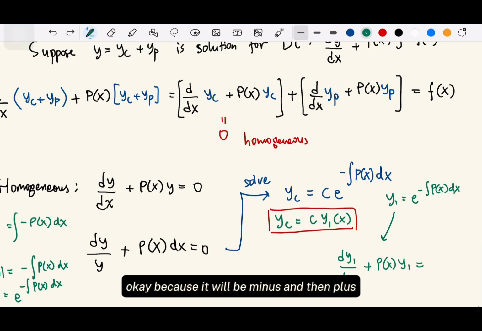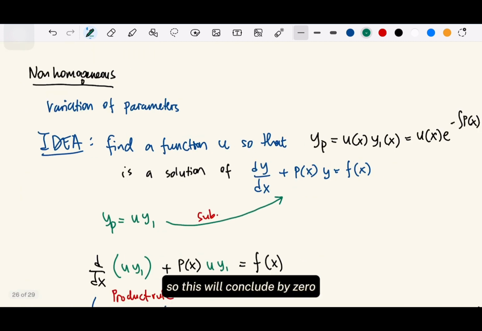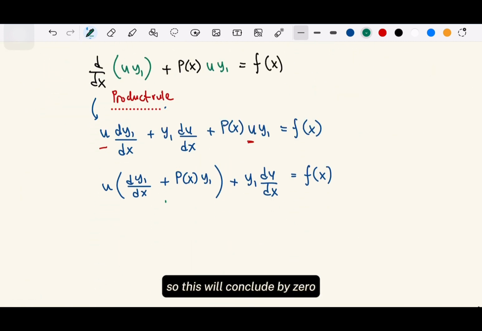Because it will be minus and then plus, so minus e plus e is 0, right? So it will be 0.